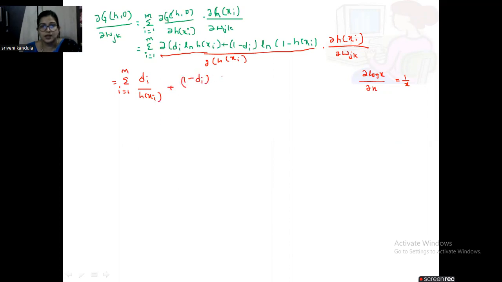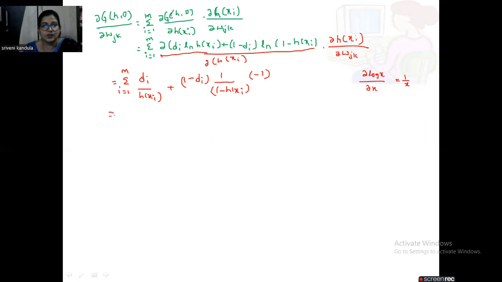And here, since I have a log term, it is 1 by 1 minus h of xi. And I have to apply the partial derivative on this 1 minus h of xi also. The partial derivative on h of xi has value 1, so I need not consider it, but it is minus 1, so we should mention this.